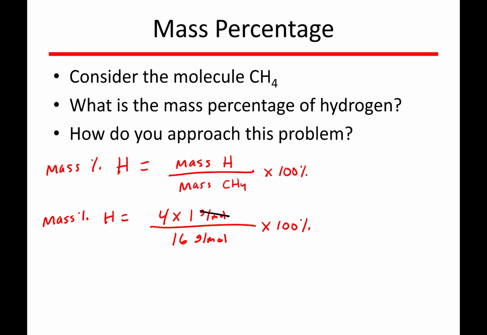The grams per mole cancel out, and all I'm left with is a percentage value, and that number is 25%. So 25% of the mass in CH4 is hydrogen. What's the rest? Carbon, right? So carbon, it must be the remaining 75%.